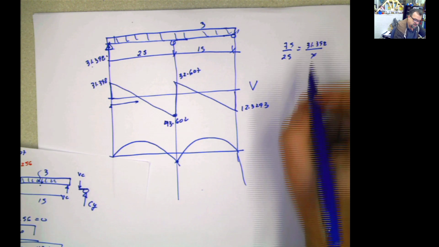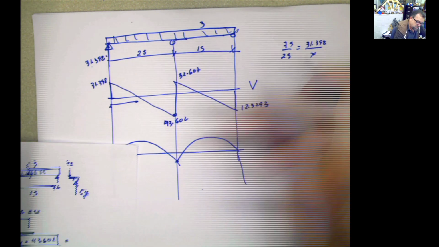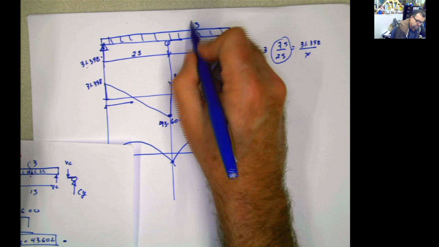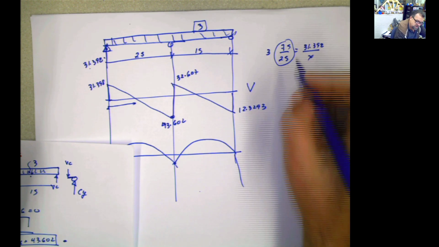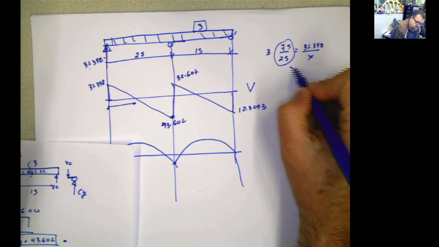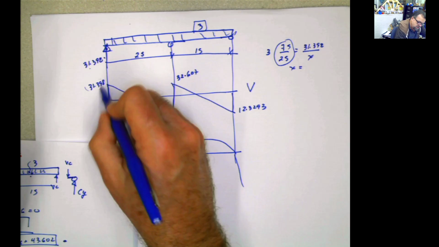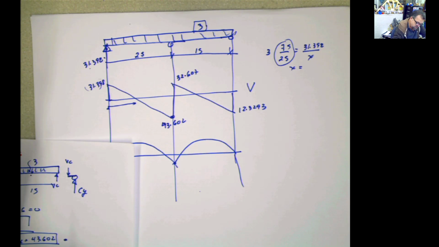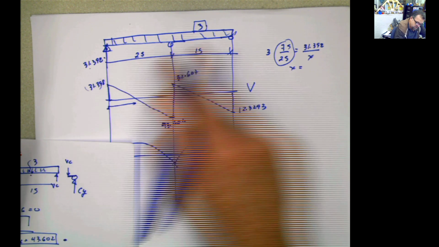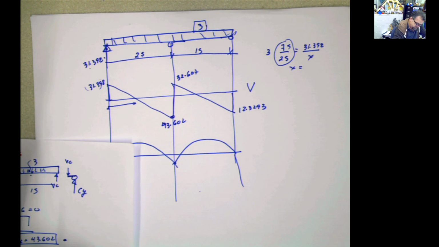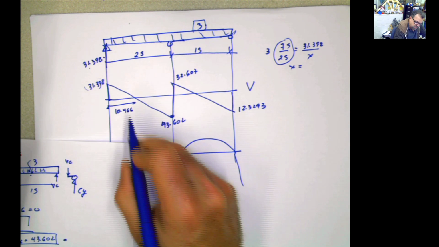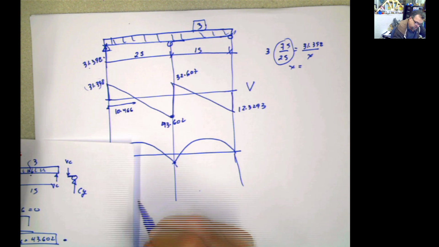So basically it is the total value of the force. If you realize, this is just 3. So you can say that the value of x is no other thing than this value divided by this value, 31.398 divided by 3. That value is 10.466, and you can use this for your equation, for your moment.